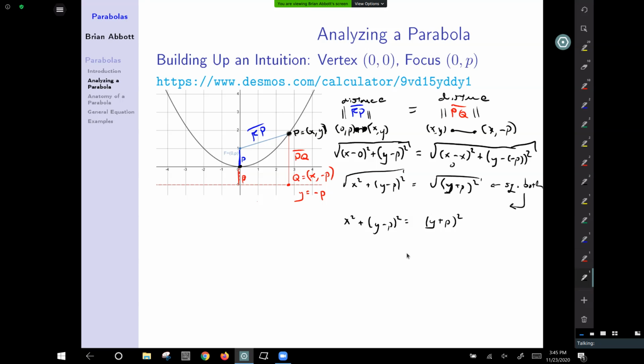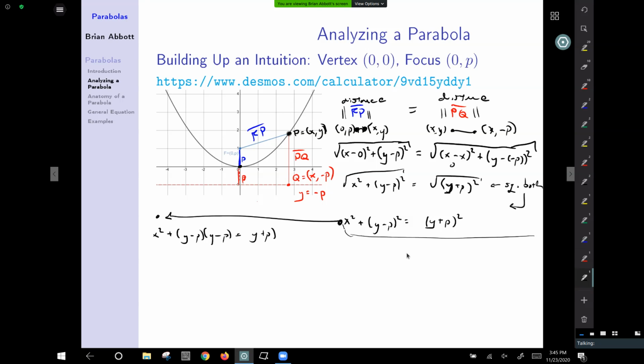So now let's dive in on this and do some algebra here. I'm going to run out of room here, so I'm going to preemptively transfer this over here to give me some room. Okay, so x squared plus y minus p times y minus p is equal to y plus p times y plus p.